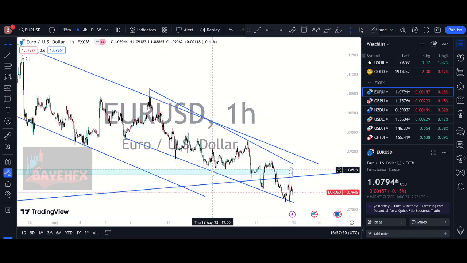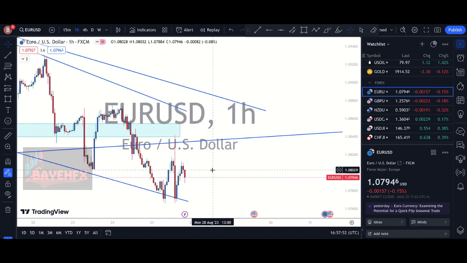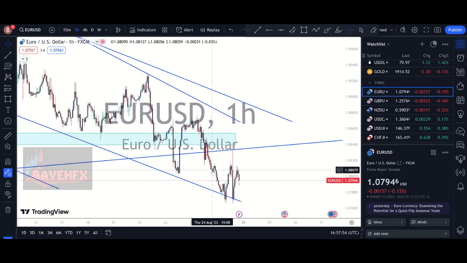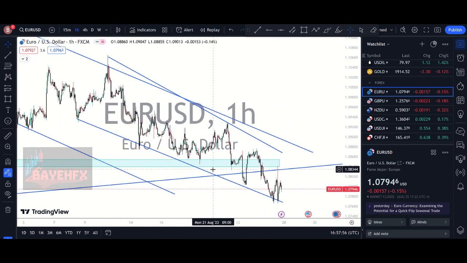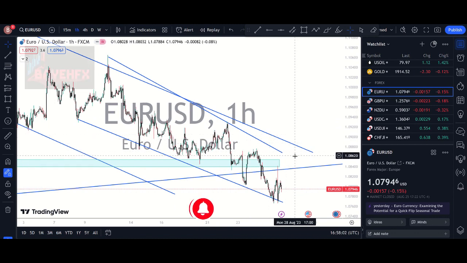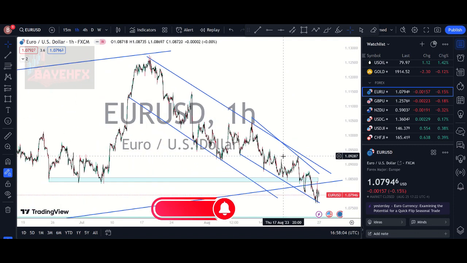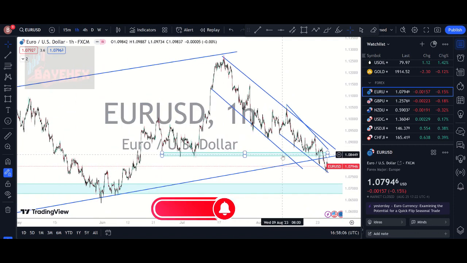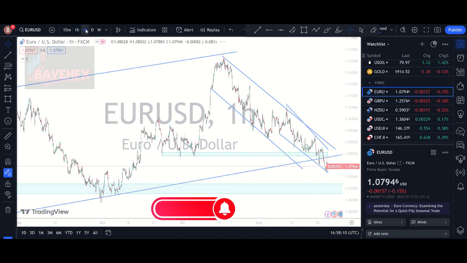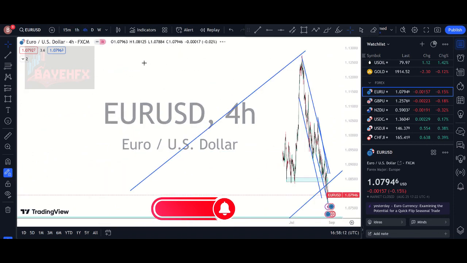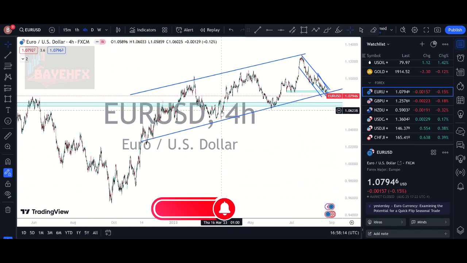So once we mitigate that order block, then we'll be looking for more buys, corrections, right? Coming back to the bigger trend, then we start looking for sells again, right? Continuation to the downside. Because if you go back to the higher time frame, you could see that this is a bullish impulse move, right?